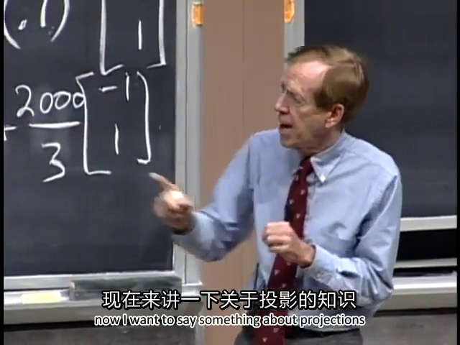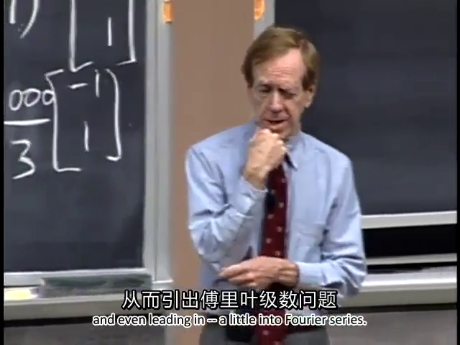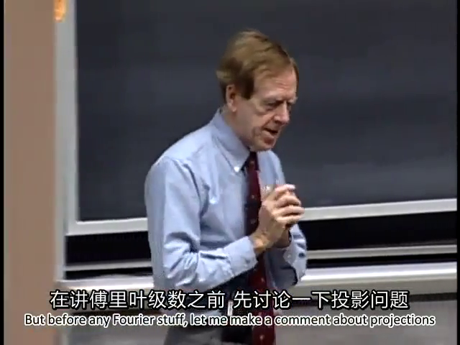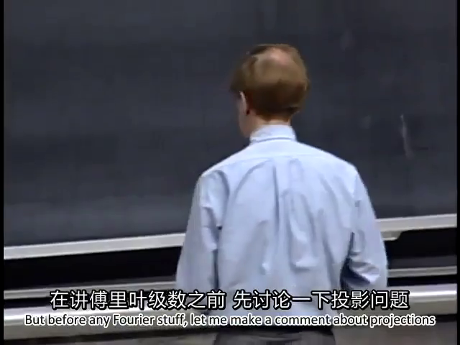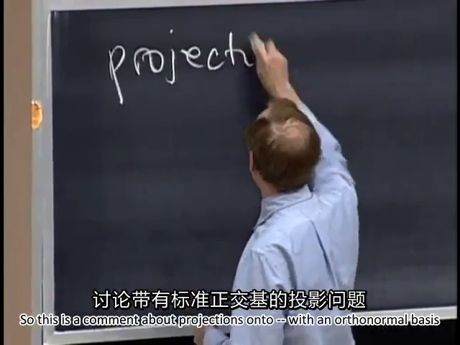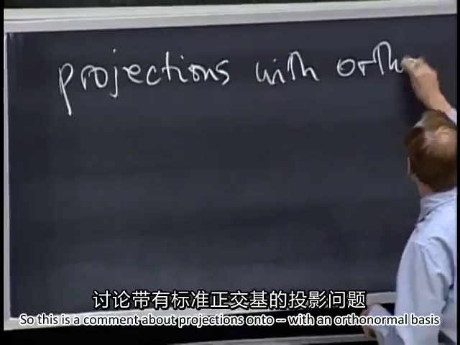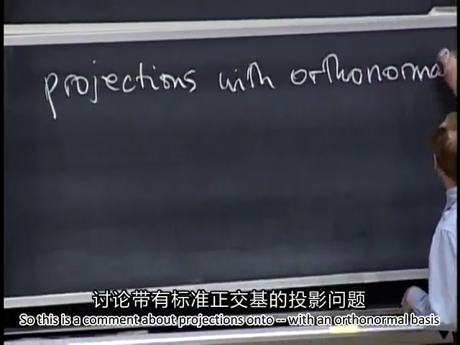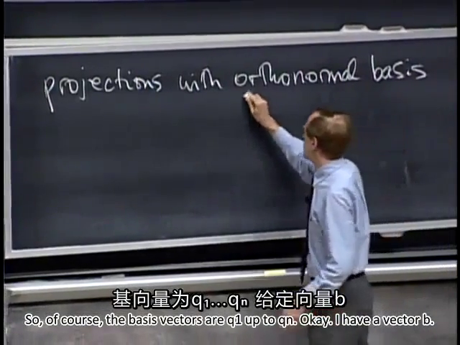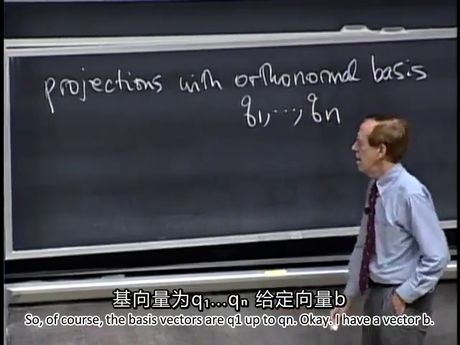Now I want to say something about projections and even leading a little into Fourier series. But before any Fourier stuff, let me make a comment about projections onto an orthonormal basis. So, of course, the basis vectors are q1 up to qn. Okay.